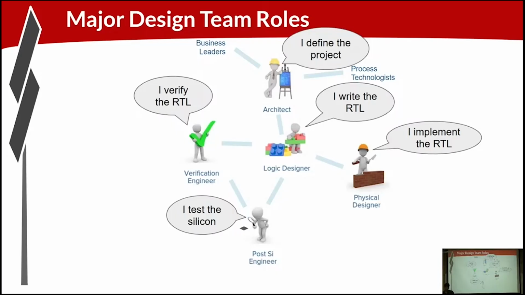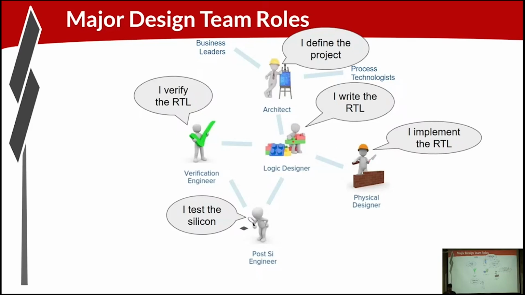The verification team is responsible for verifying the functionality that's created by the logic designers. The implementation team is responsible for implementing the design that comes from the RTL. So they're direct consumers of the RTL.